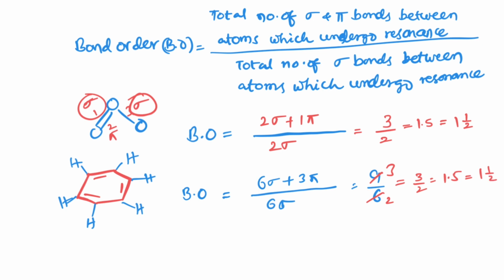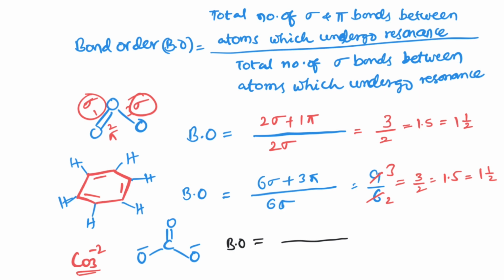In case you take the CO3 2- carbonate ion, this can be represented as C double bond O, O minus, O minus. For this, bond order can be calculated as follows. How many sigma bonds are there? We can consider 1, 2, 3 sigma bonds.